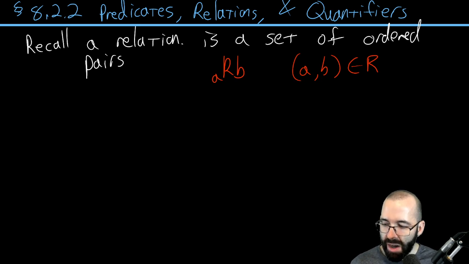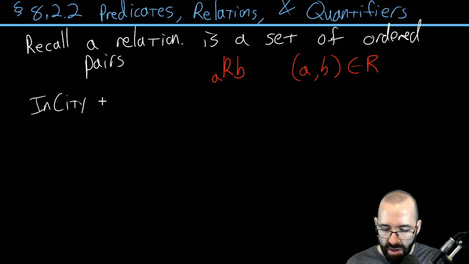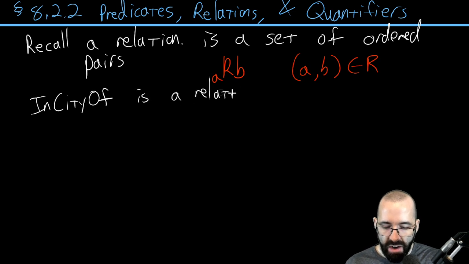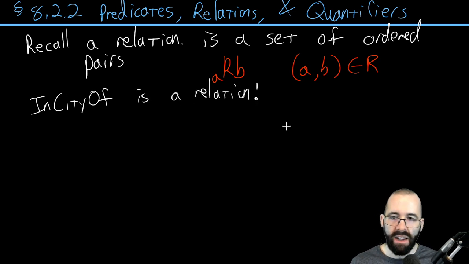Let me write this a different way. So in-city-of can be thought of as a relation, right? Two things are related if the first thing is in the city of the second. Is this reflexive? We talked about all these things that relations could be. Is this reflexive? No, I don't think so. I don't think Olympia is in the city of Olympia.